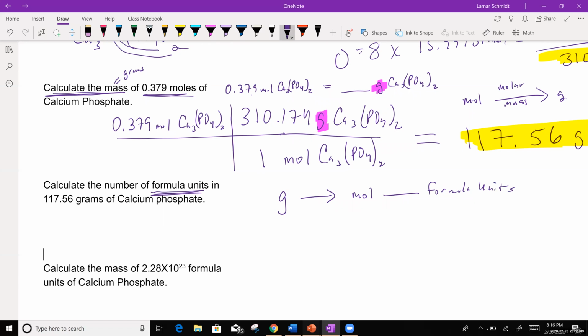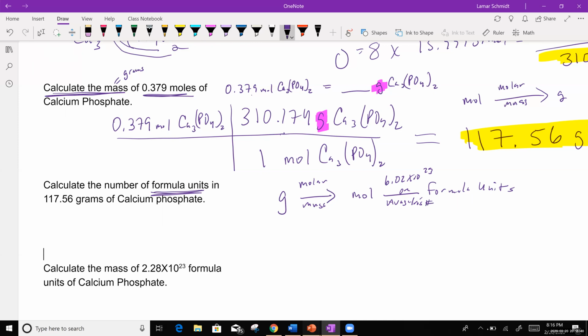And on your worksheet that we had, this said particles, and one of the particles is a formula unit. But anytime you go from grams to moles, you're using molar mass. Anytime you're going from moles to atoms, formula units, molecules, you're going to be using 6.02 times 10 to the 23rd, which is Avogadro's number.